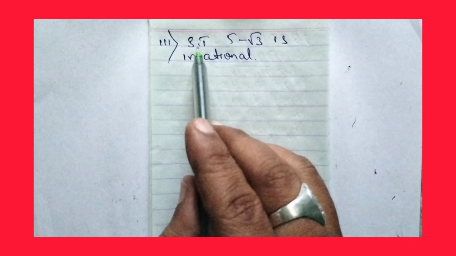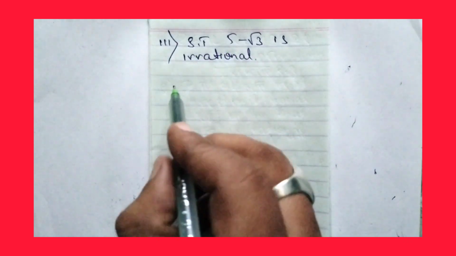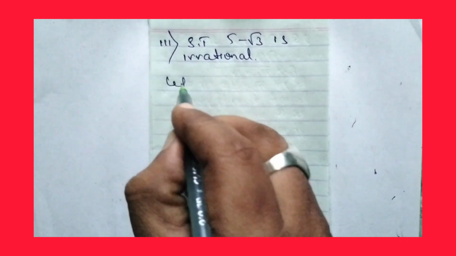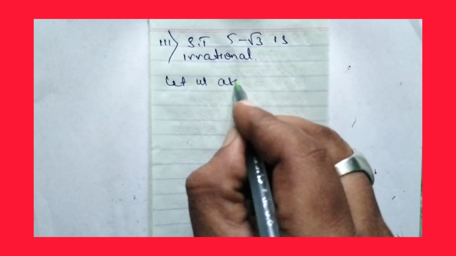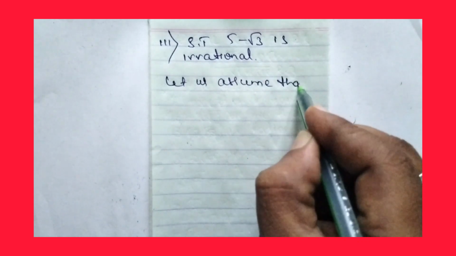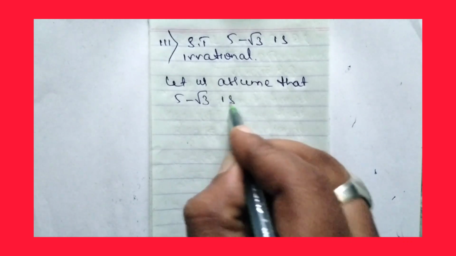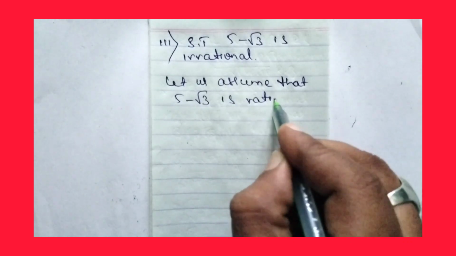So now let us move for the third question. Show that 5 minus root 3 is irrational. So the first sentence, let us assume that 5 minus root 3 is rational.